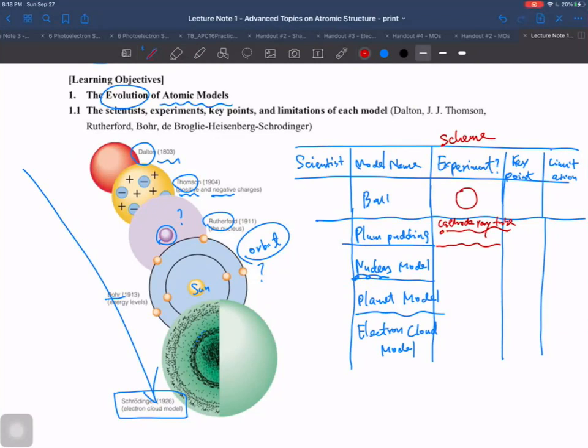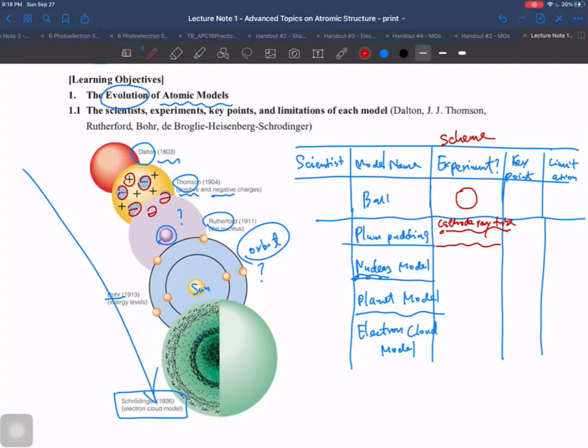He thought the distribution of the electrons is very even in the atoms. So this is why you saw the negative charge evenly distributed over the whole atom, right? Definitely there are a few other things, but they are not so important.